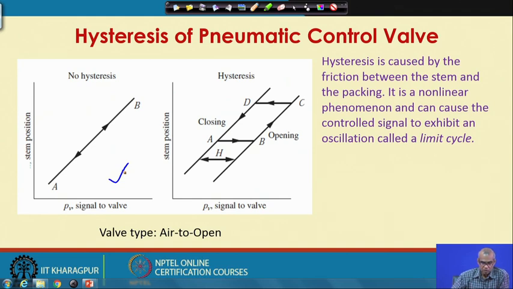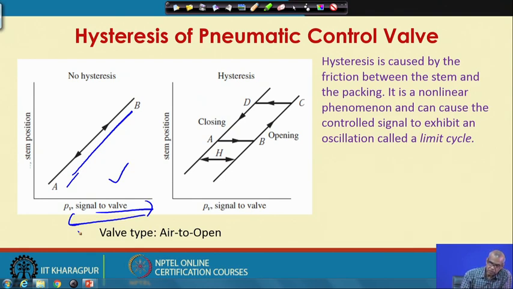So, as the signal pressure increases, the stem position increases. Stem position changes as we increase the signal pressure, and as we decrease the signal pressure, the stem position changes.